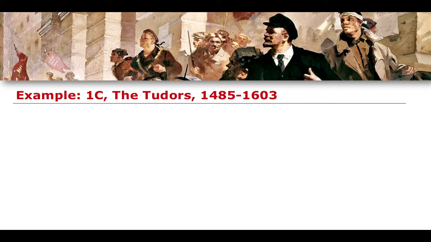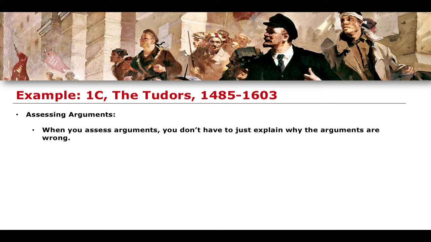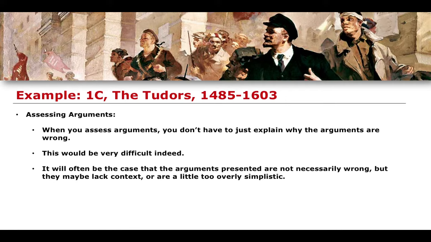That's not necessarily how you should do it, okay? What you should do is think about all of the factors that exist in the history, the historical context. The context is what's most important. You could maybe argue that while the claim made by Bertrand is not necessarily wrong, it lacks context, or it is overly simplistic, or other historians take a different interpretation.